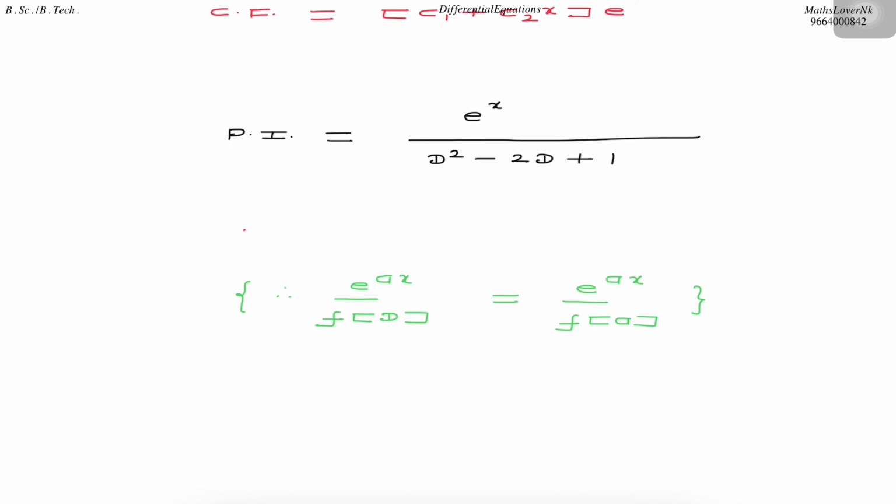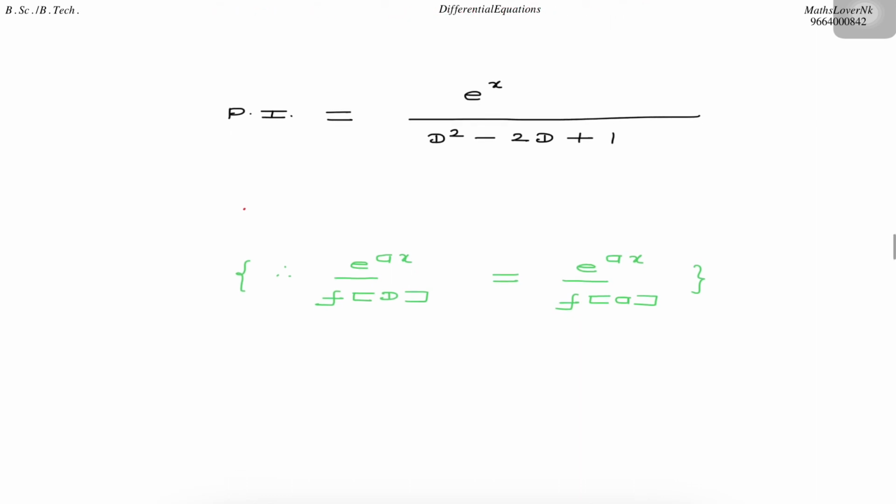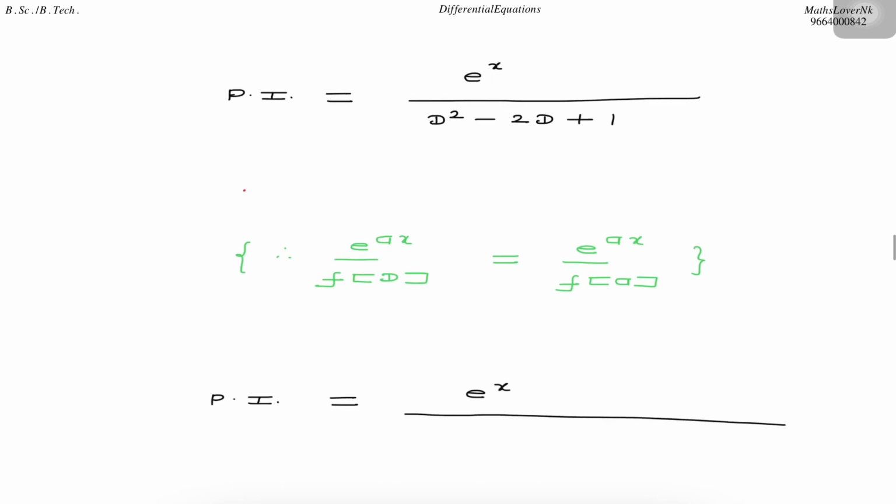Now PI is equal to e the power x as it is. We can write d square minus 2d plus 1 is equal to d minus 1 the whole square.